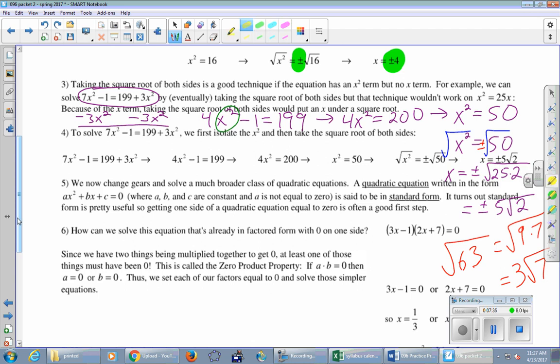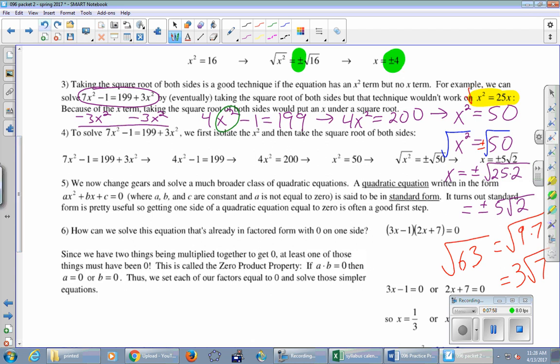What's the problem with trying that technique here? There's an x. And that means the technique we just used is useless. Cannot do it. You're welcome to take the square root of both sides. That's a legal thing to do. When you take the square root on the left-hand side, what do you get? You get x. That's great.